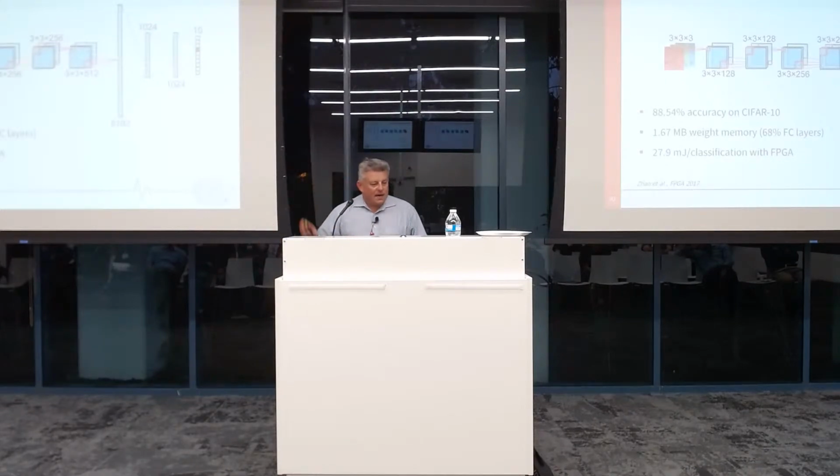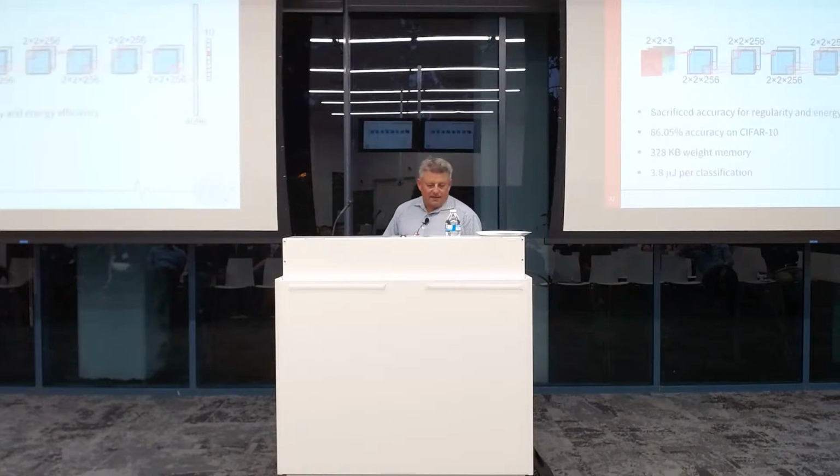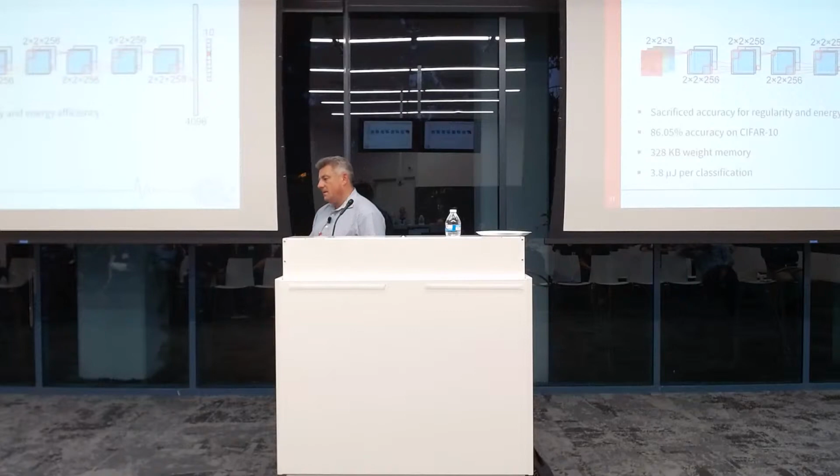So we re-architected this topology and made it a little bit leaner, but sacrificed performance in the process. I mean, in life, everything is a Pareto curve. You want to be small and efficient, well, probably you're not going to be as accurate, and so on. So we took this trade-off into account. We made an architecture that strictly uses 2 by 2 by 256 filters.